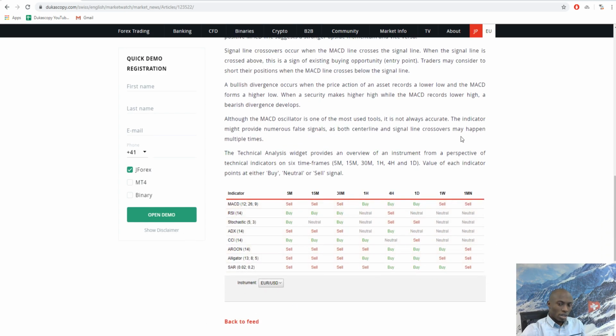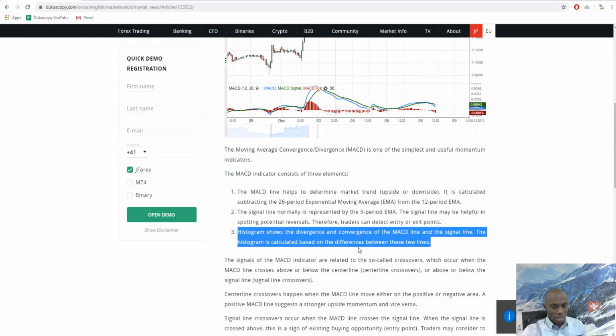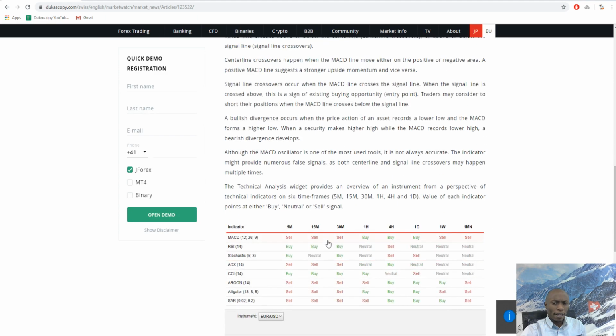Right now, what you're looking at are the technical indicators. I usually use these technical indicators to tell you what is happening. The MACD consists of the 12 minus 26 and the 9 period. Then you have the histogram.